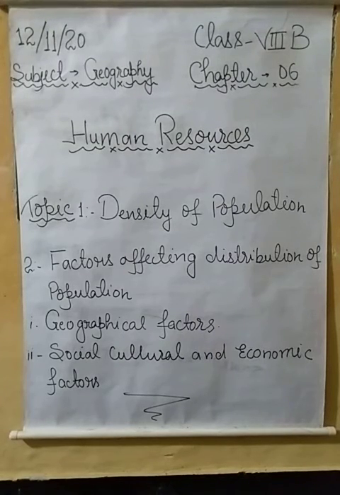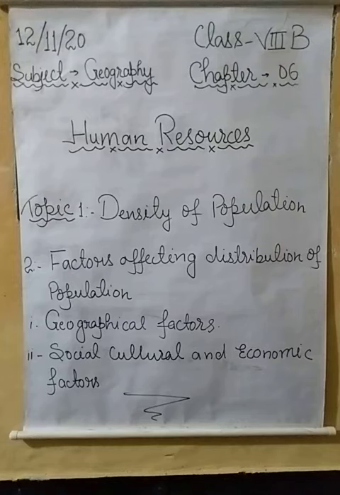As well as Hwang He and Chang Jiang in China, and the Nile Valley in Egypt, are densely populated because of the availability of fertile soil. And you know very well that still in the modern world, agriculture is a primary activity for a number of people to complete their needs and requirements.